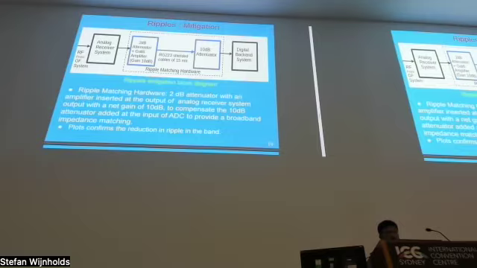Since we have introduced a 10 dB attenuator at the distal backend side, at the input to the ADC, to compensate that 10 dB loss in the signal, we have introduced a Gali 6 amplifier which has a gain of 12 dB. To bring it to 10 dB, we have introduced a 2 dB attenuator before that. So the 2 dB attenuator plus this 12 dB amplifier gives us a net gain of 10 dB, which compensates this.